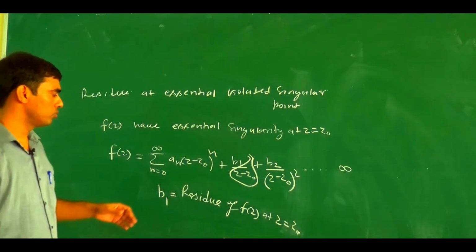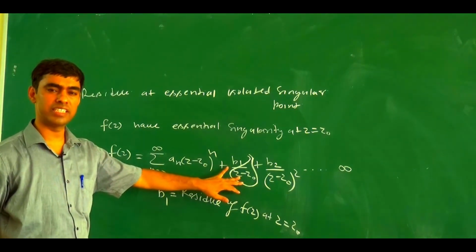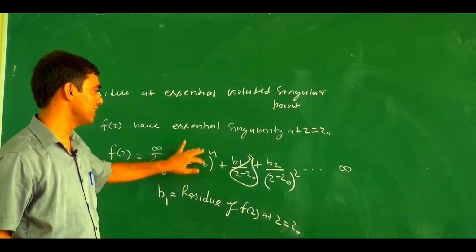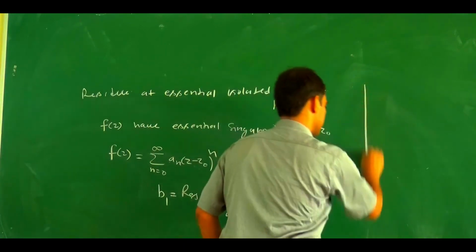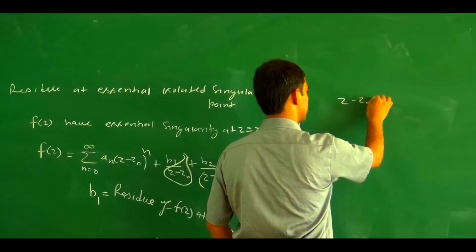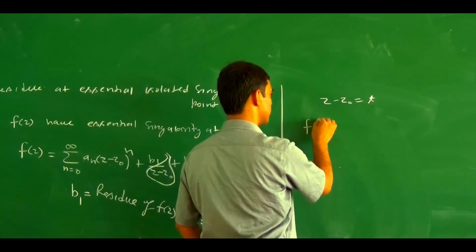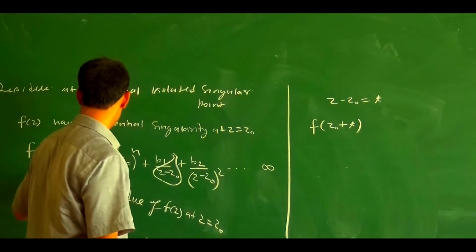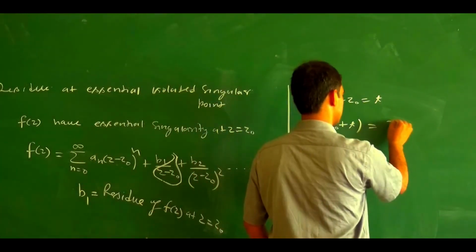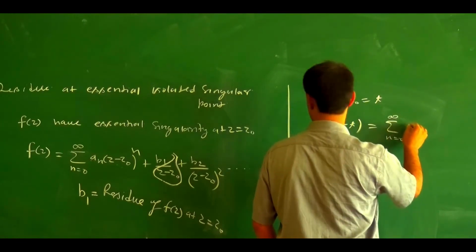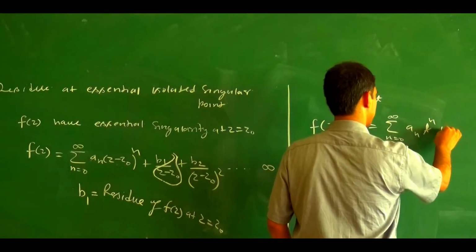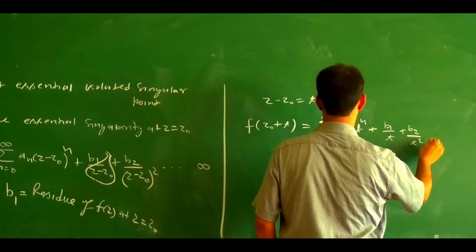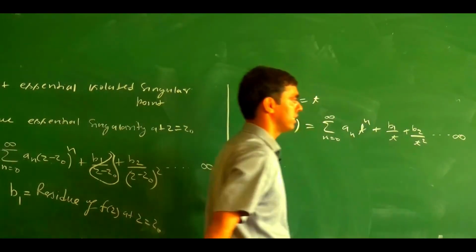Sometimes you may also solve by replacing z minus z0 by t. Then this becomes a_n t to the power n, and f(z0 plus t) becomes the summation n equals 0 to infinity of a_n t to the power n, plus b1 by t plus b2 by t squared, and so on, infinite number of terms.